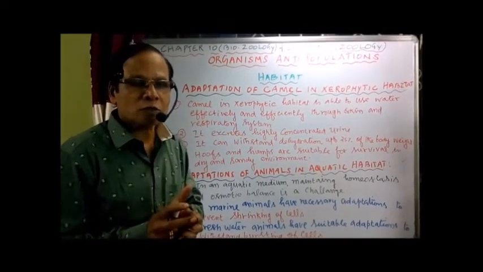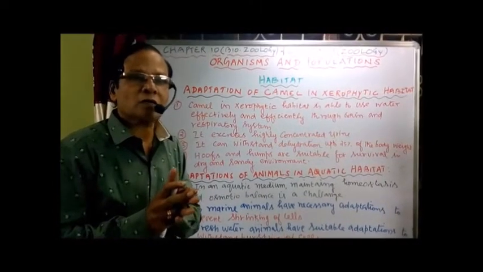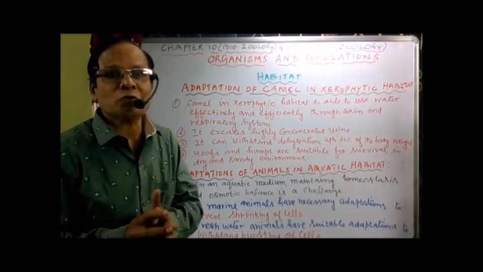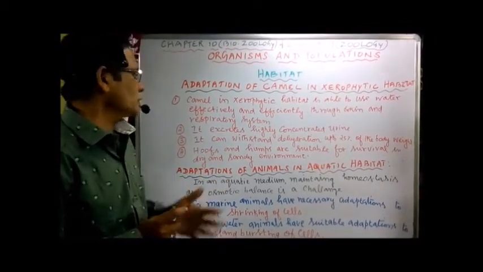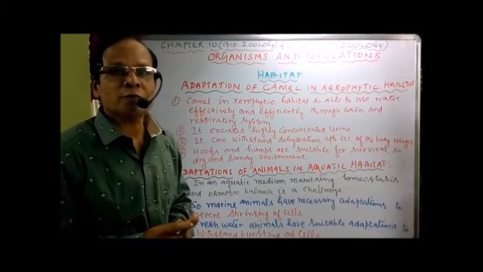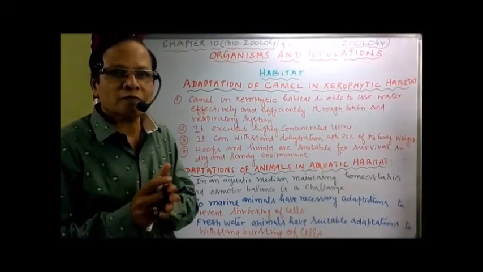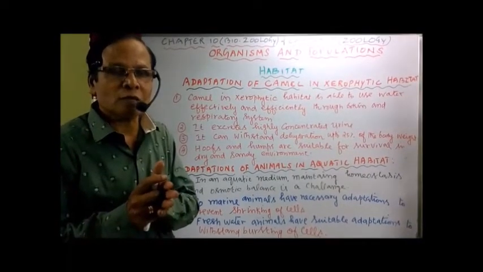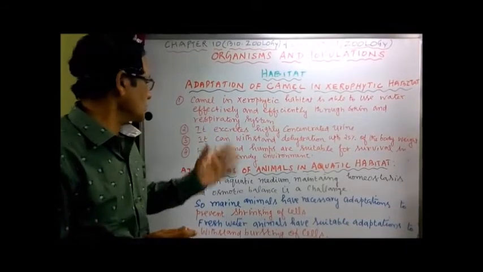To conserve water and prevent its elimination, it excretes highly concentrated urine, called hypertonic urine, that means with less water. Next, it can withstand dehydration up to 25% of the body weight. When there is a loss of water from the body, it can withstand a loss of up to 25% of the total body weight.